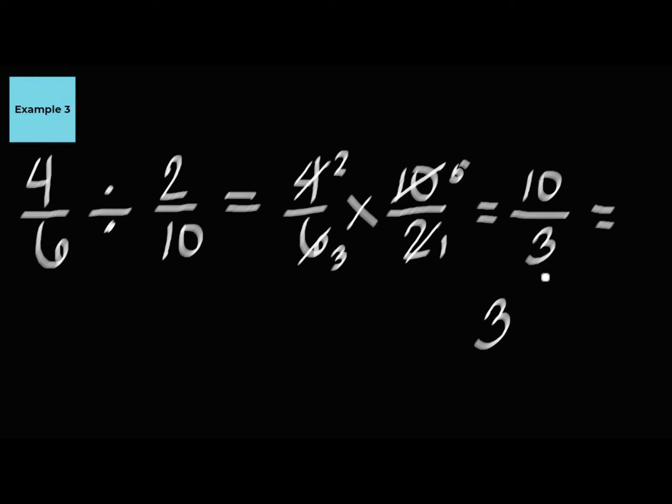If we pull out 9 from 10, the remainder is 1. Then, we will copy 3 as the denominator in our answer. 3 and 1/3 is the answer to 4/6 divided by 2/10.